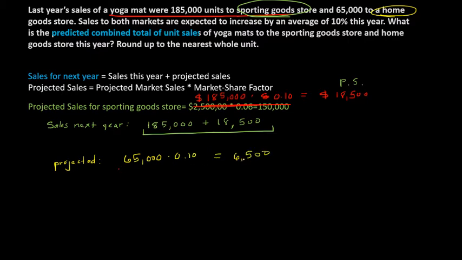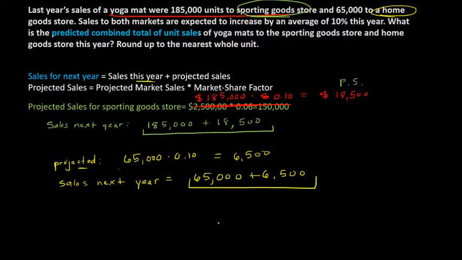So they think they're going to add an additional 6,500 unit sales on top of the 65,000 that they made this year. That means the sales for next year are going to be equal to the 65,000 units, which were the sales this year, plus 6,500 units, the projected additional sales.